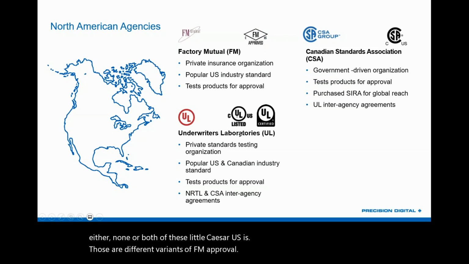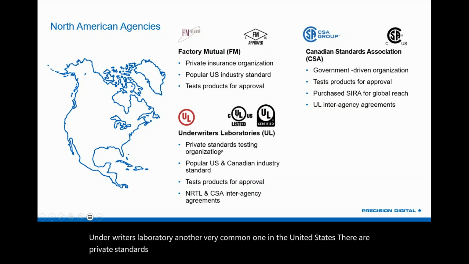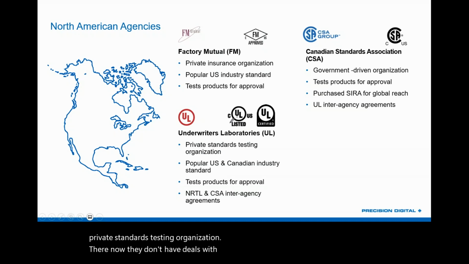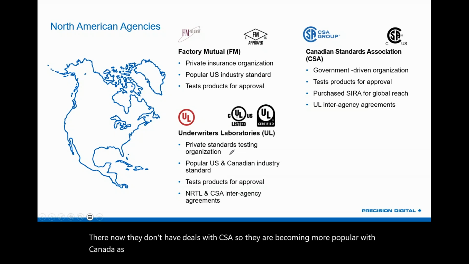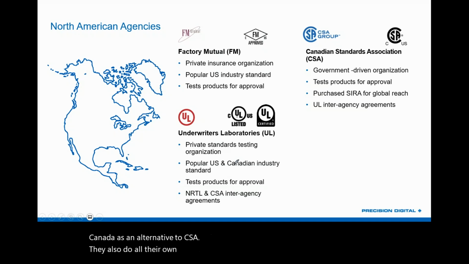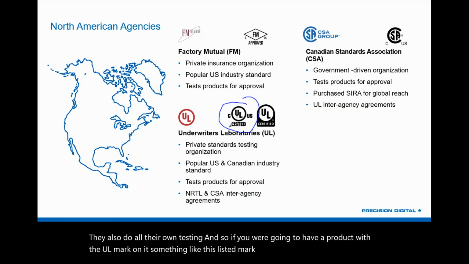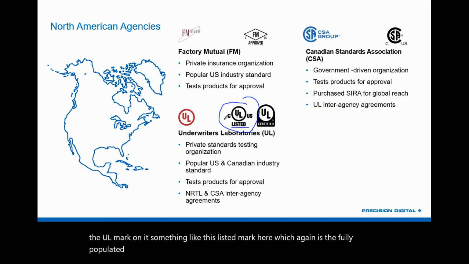Underwriters Laboratory, another very common one in the United States. They're a private standards testing organization. They now have deals with CSA, so they're becoming more popular with Canada as an alternative to CSA. They also do all their own testing. So if you were going to have a product with a UL mark on it, something like this listed mark here, which again is the fully populated version, this is a listed product with both Canadian and US approvals.